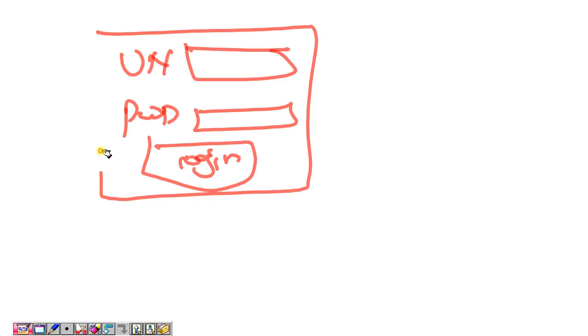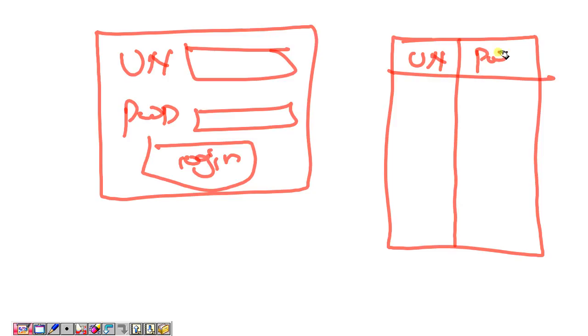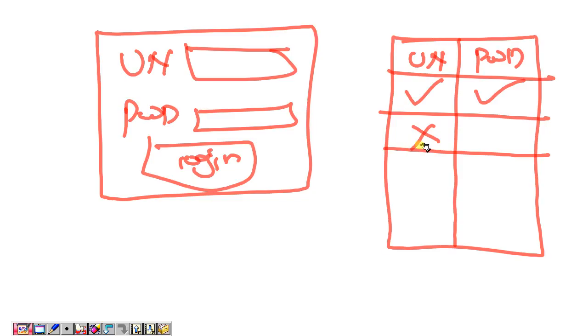I want to test this functionality by giving multiple sets of data. I can test the first time by giving a valid username and valid password, and check whether it is working as per our expectations or not. Again I can go for an invalid username, invalid password and click on the login button.